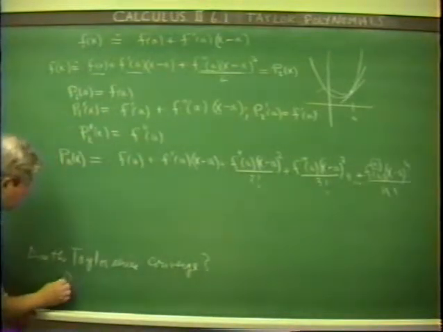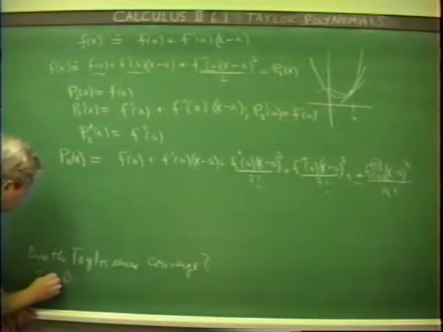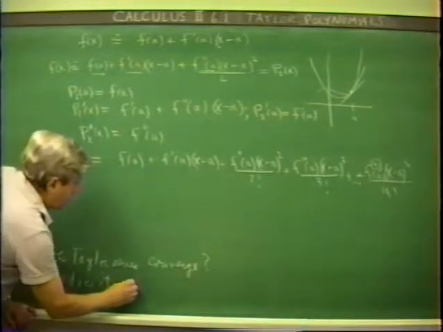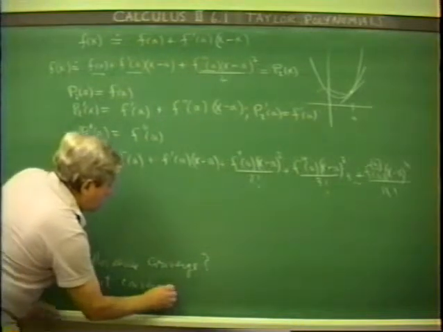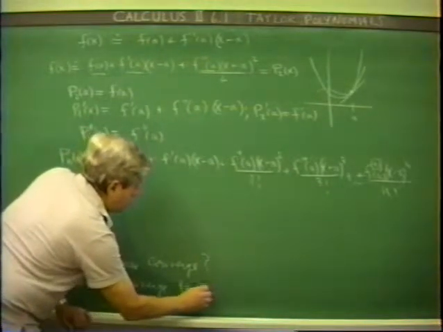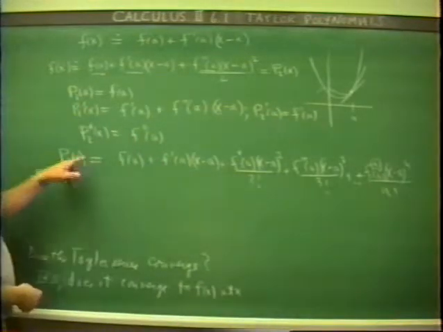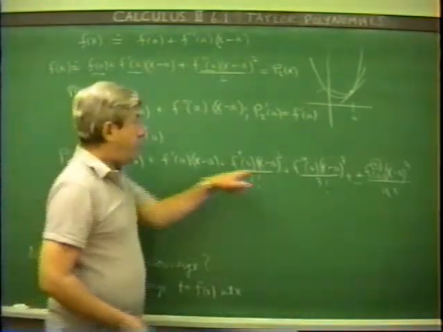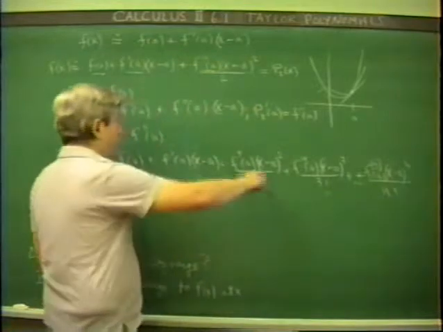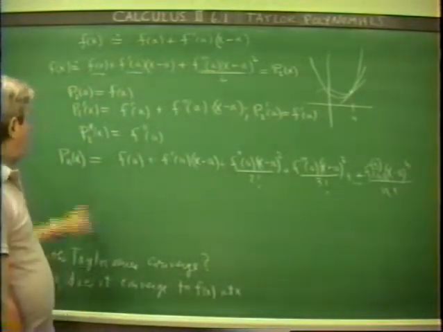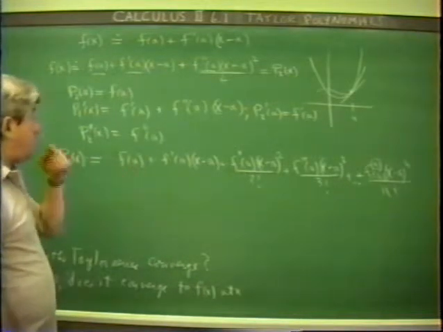And if so, does it converge to f of x at x? Let's just say we put a particular value of x in here, carry this out indefinitely, and take the limits. Does it converge to the value of f at x?